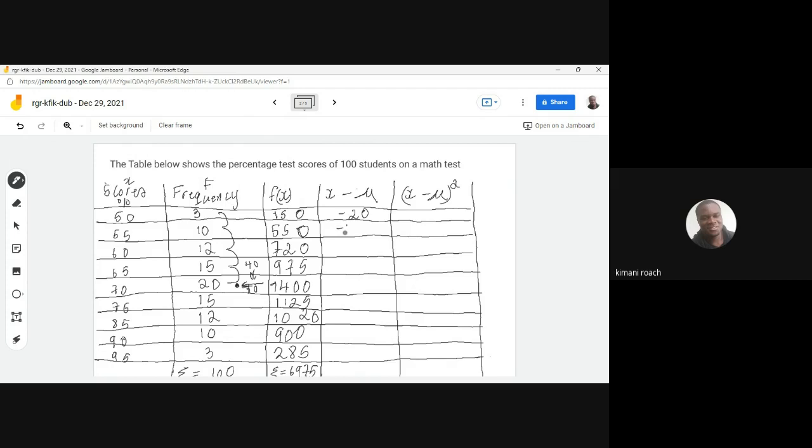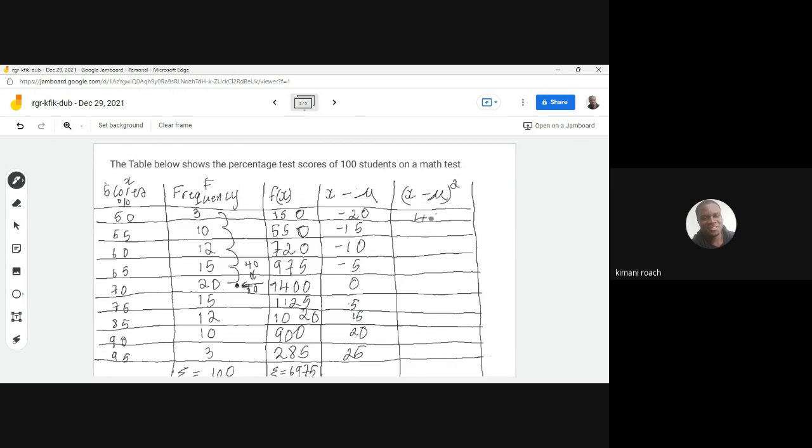So this would give me -15, followed by -10, followed by -5, followed by 0, followed by 5, followed by 15, followed by 20, followed by 25. And I'm going to square all of these values here.